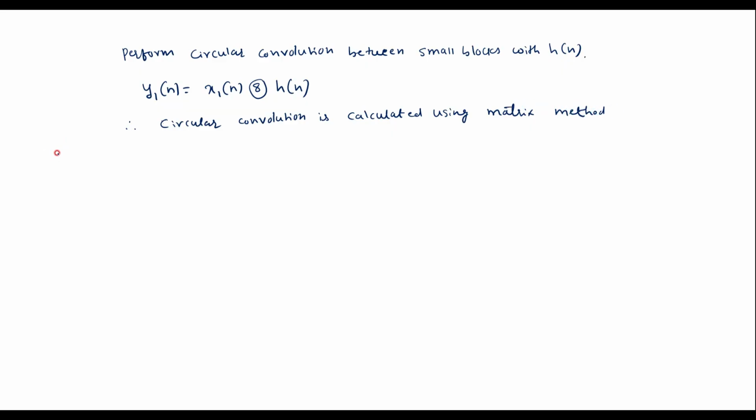The first column is the output column: y1 of 0, y1 of 1, y1 of 2, y1 of 3, y1 of 4, y1 of 5, y1 of 6, y1 of 7. So this is the column matrix.